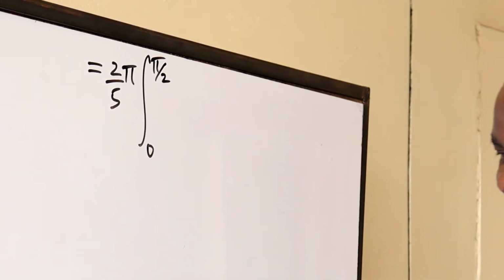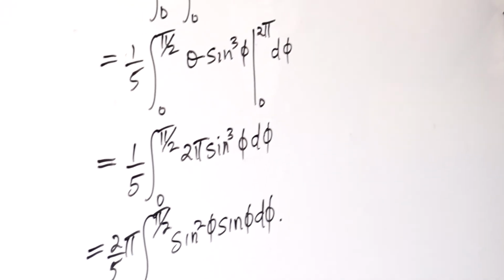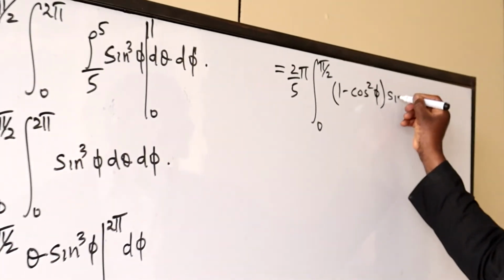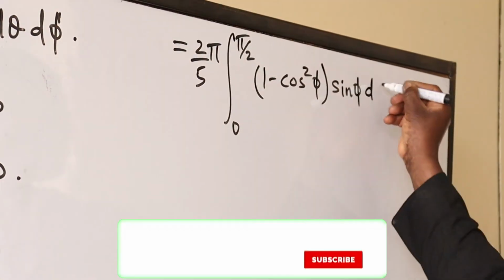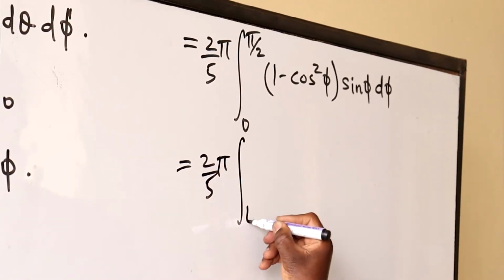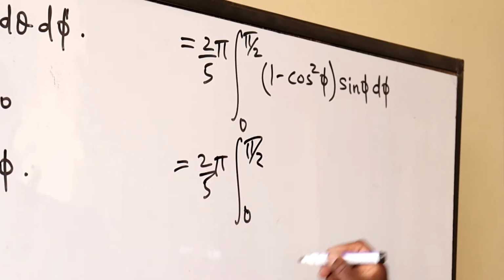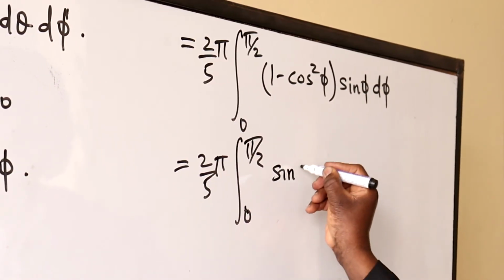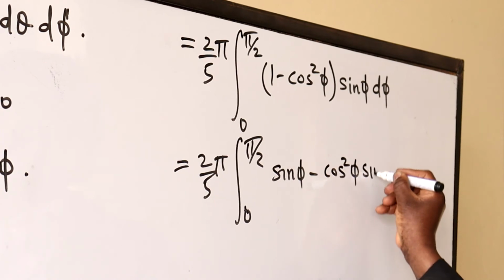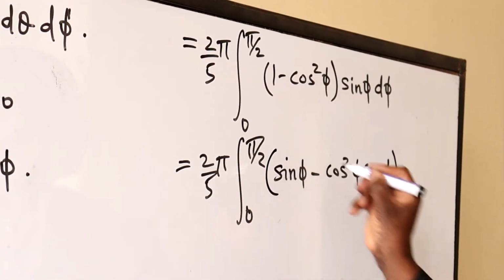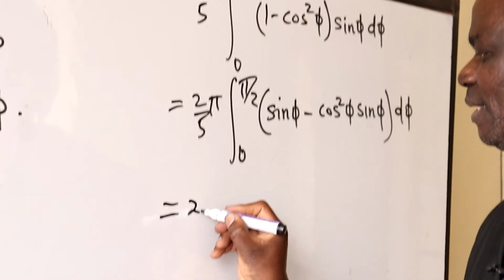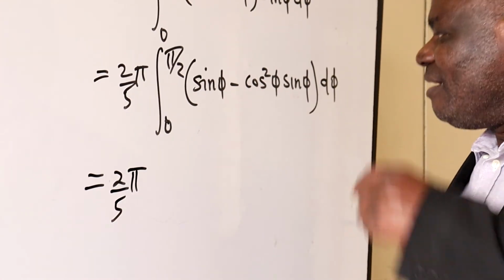Sine squared phi is the same as 1 minus cos squared phi. Now this multiplying sine phi d phi, which will be equal to 2 all over 5 pi, the integral from 0 to pi over 2 of sine phi minus cos squared phi sine phi, the whole of this d phi.